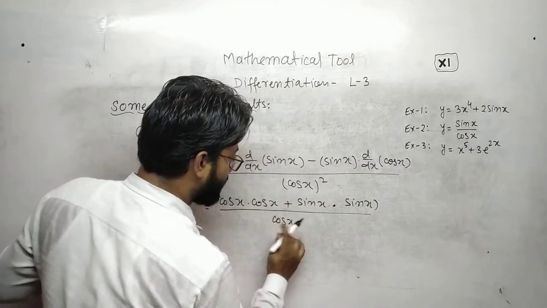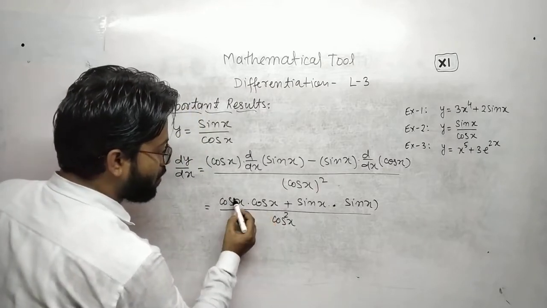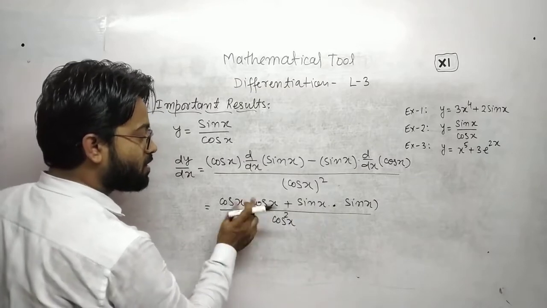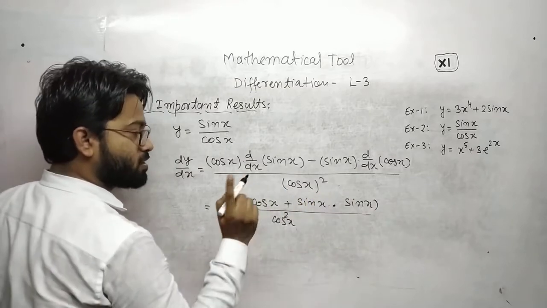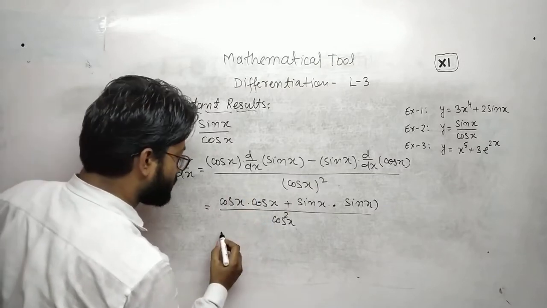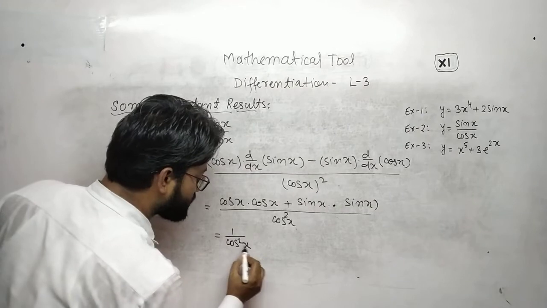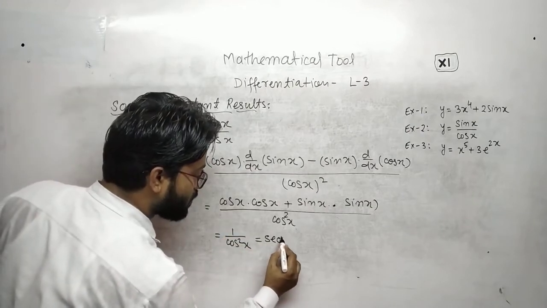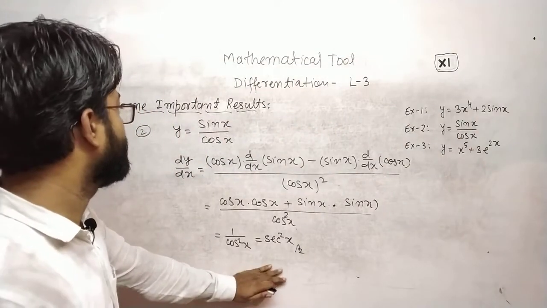Cos x whole square can also be written as cos square x. This is cos x times cos x, sin x times sin x, that is cos square x plus sin square x, that is the identity, equal to 1. So 1 upon cos square x. You know that 1 upon cos is sec, that means sec square x. That is the result. Hope you are understanding.